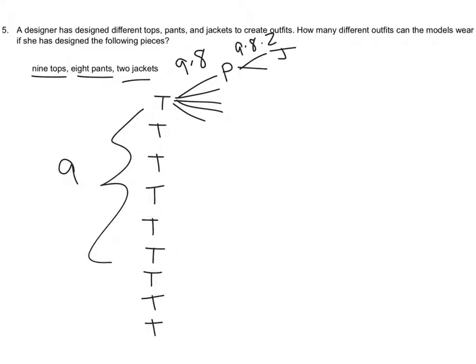So my answer to the complete problem is found by multiplying 9 times 8 times 2, and I get a total of 144. So my answer is that there's a total of 144 different outfits.